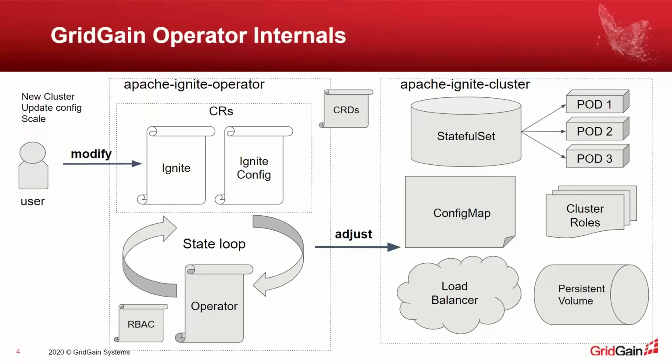And GridGain operator knows how to deal with Kubernetes objects like stateful sets, how to configure the config map, or how to provide persistent volumes for your persistent clusters, and so on.